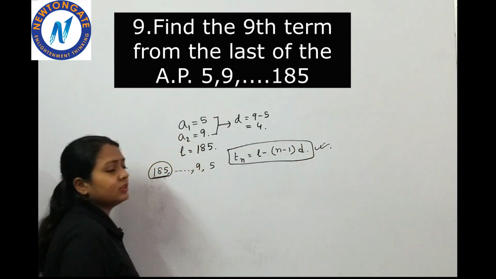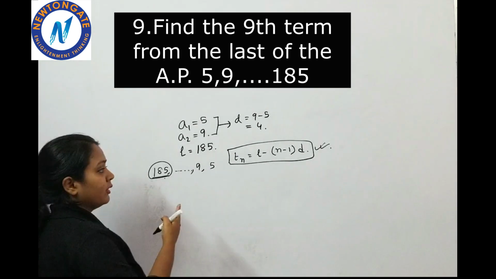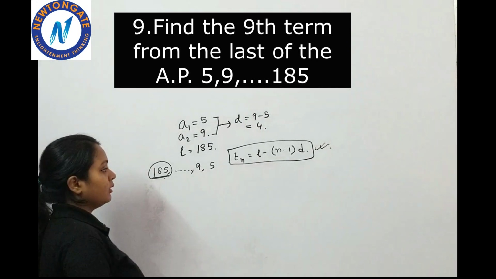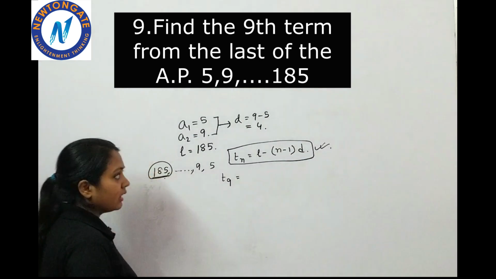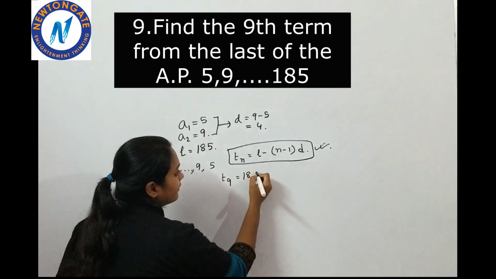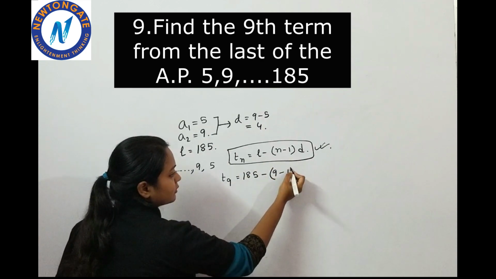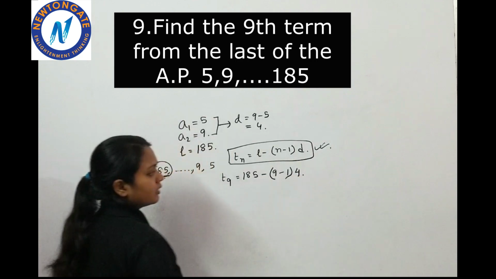From this formula we'll find the value of the 9th term. Then we'll find T9. Right? Here L is 185 minus (9 minus 1). Okay. And D is 4.